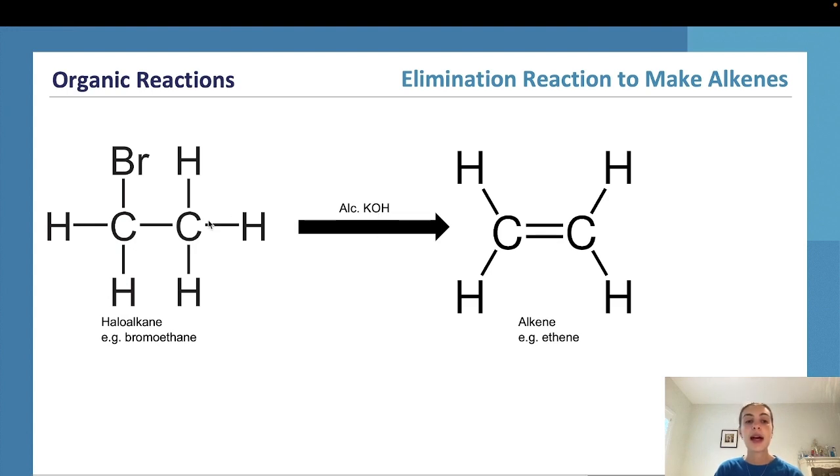By adding a haloalkane such as bromoethane to potassium hydroxide in alcohol, we can form ethene by removing the halogen group and breaking the single bond, forming a double bond instead. That forms our byproducts of KBr, potassium bromide, and some hydrogen atoms.